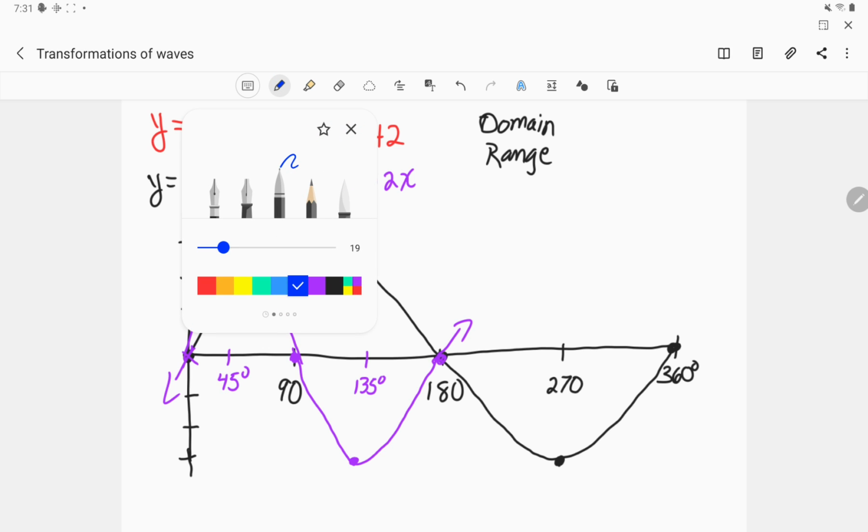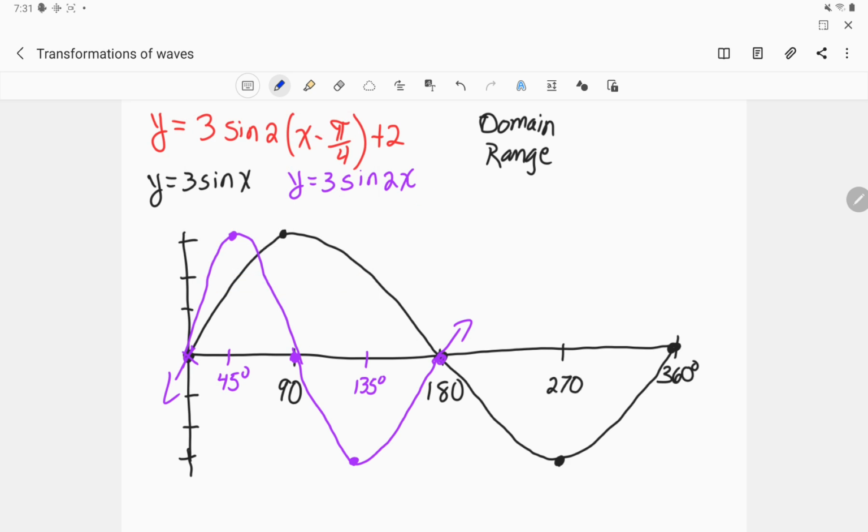Okay, so blue. We're going to do y, so I'll just underline it, we're going to do the minus pi over 4. So pi over 4, I did this in degrees. Sorry, that's just a habit. But we can transfer that. Pi over 4 is 45 degrees. So if it's x minus 45 degrees, everything's going to move to the right 45 degrees. So this point is going to move over to be at 45. This point, which is currently at 45, is going to move over to be at 90, kind of back where it was.